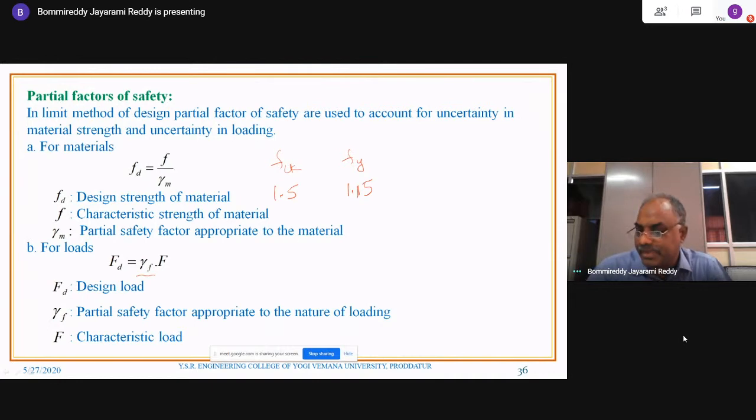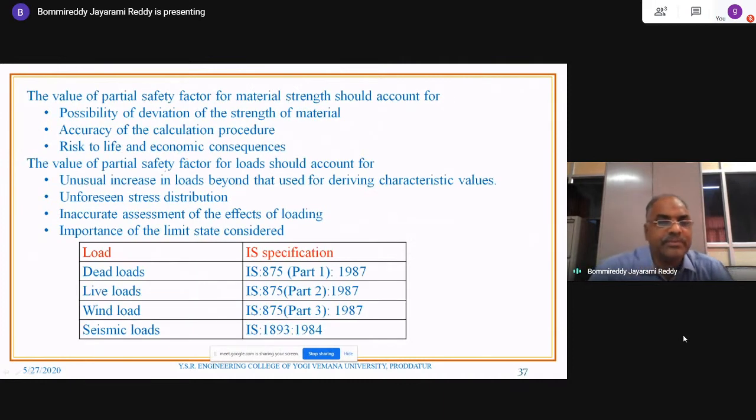And similarly, for the loads, they are multiplied with some value so that ultimate loads are considered. Ultimate loads are considered from the safety point of view, and material strengths are considered from the serviceability point of view, and both will serve the purpose.